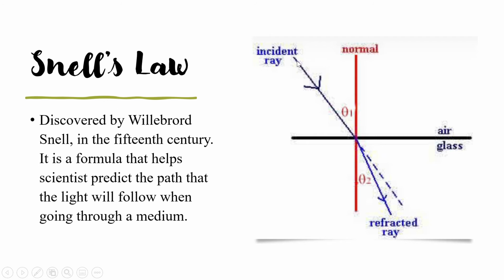We have the incident ray, the refracted ray, the normal, air at the top, glass at the bottom, and two other angles which are very important to notice. The angle number 1 is the angle of incidence, which is between the incident ray and the normal.